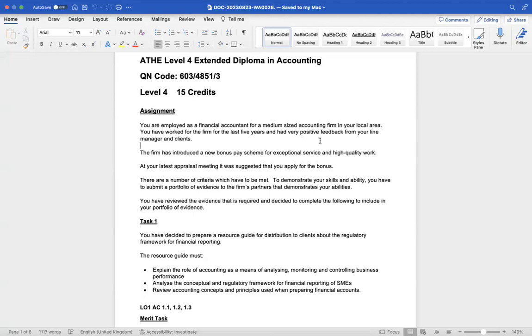Then we come to section two, the conceptual and regulatory framework for financial reporting of SMEs, small and medium enterprises. This is part two of your assignment.